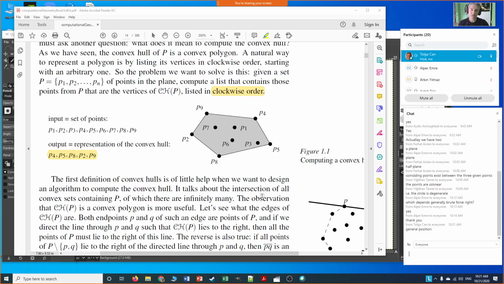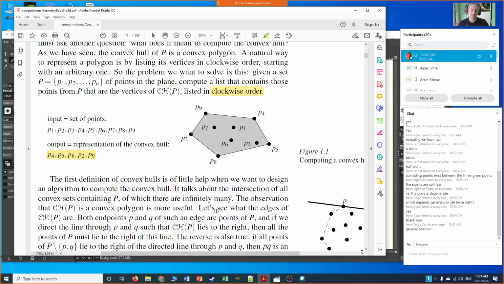Okay, so the first thing we need to do is make an observation on this problem, and you can have many different geometric observations here. The book starts with the basic observation that the convex hull polygon is composed of edges, and these edges are formed between pairs of points.